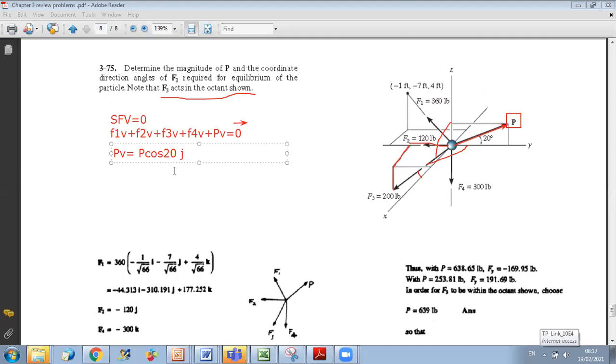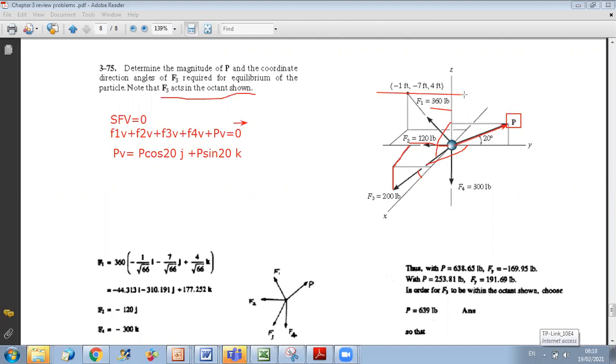So it's P cosine 20 j plus P sine 20 k. Now, the second force is F1. For F1, what do I know? I know the magnitude, and what else is given? I have coordinates. It's passing by the origin, and it's passing by this point.